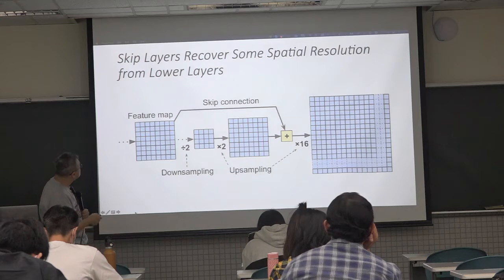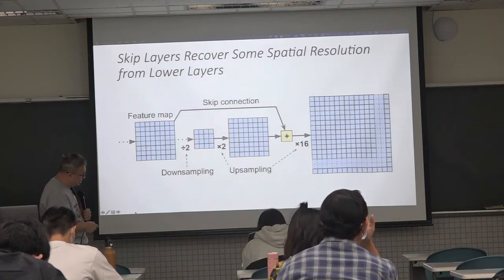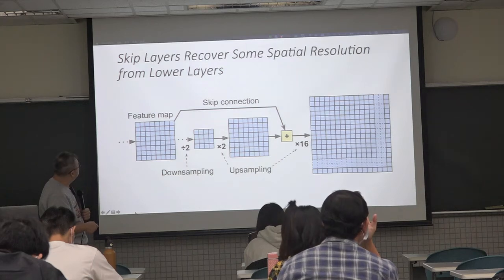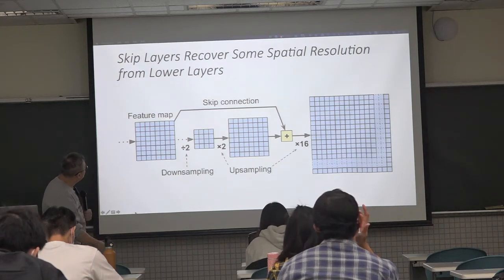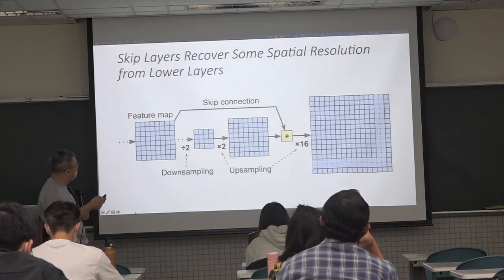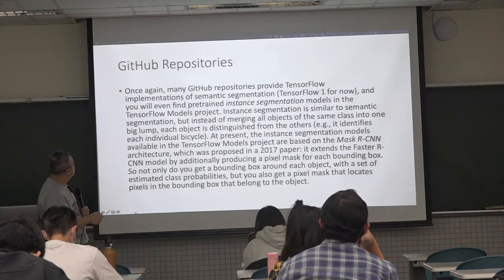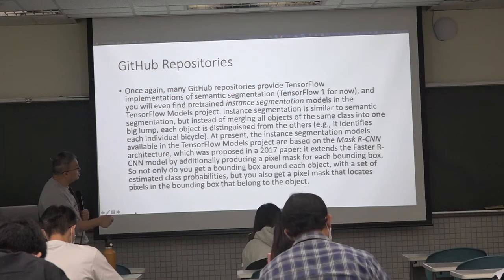For semantic segmentation, you can see skip connection, another use of skip connection. Skip connection actually is very useful in many applications. Once again, there are many GitHub repositories that provide TensorFlow implementations of semantic segmentation.